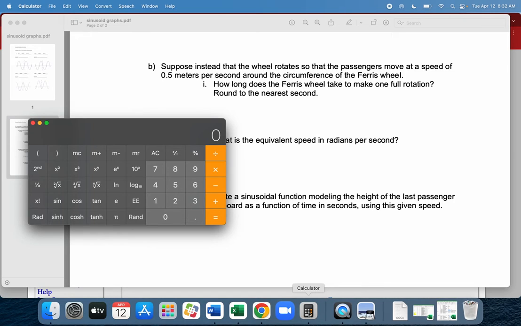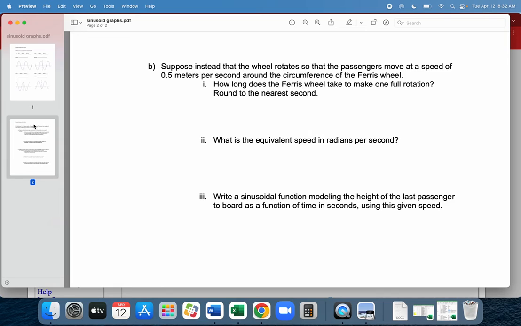Now, if we left that in terms of pi, we could see it as a fraction of pi or something, but just looking at this, it's about 0.03, we'll just leave it as that, radians per second. So this is our speed.